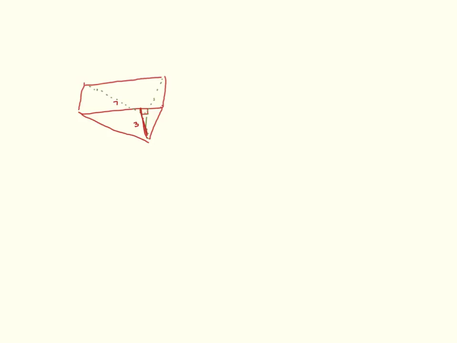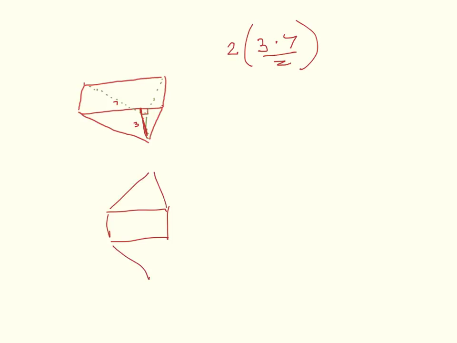So let's just write this out. We have 2 triangles, and they are 3 times 7 divided by 2. All right, what else do we have? Well, you can see that we have 3 other bases. So what is that going to look like? If I draw it out, I have got this rectangle that you see up at the top, but it's got a triangle off of it on both sides.